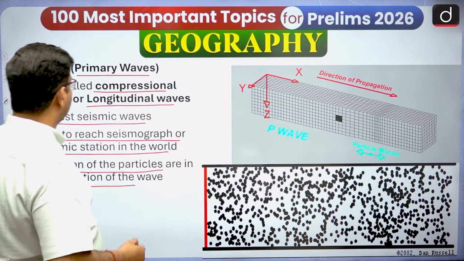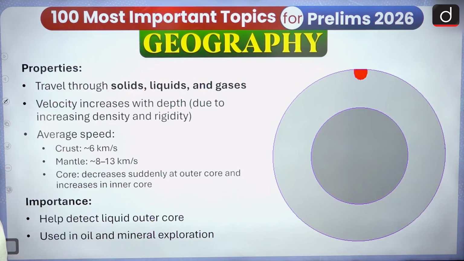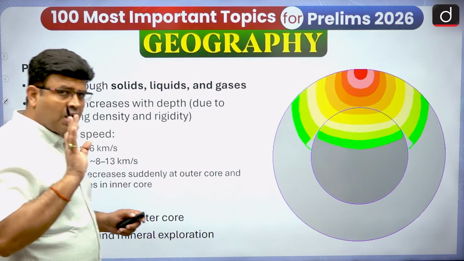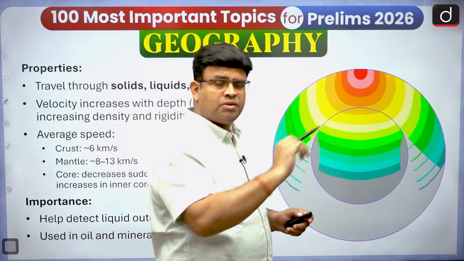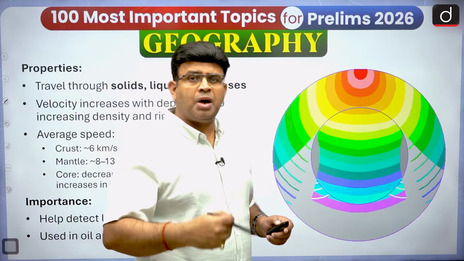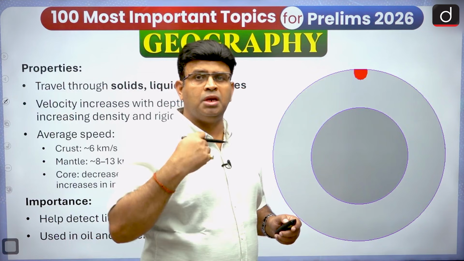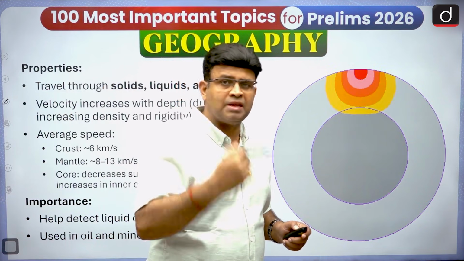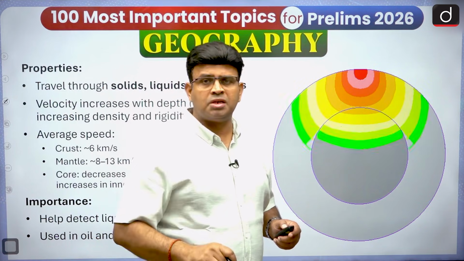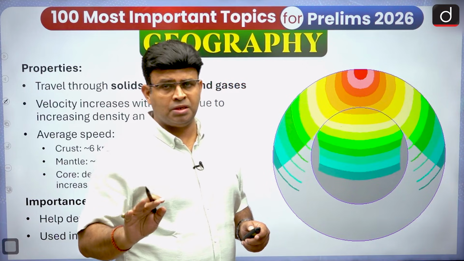So here we have seen something about the P wave and its property. The vibration of the particle is in the direction of the wave, therefore it can pass through solid medium, liquid medium, even gaseous medium. But within the Earth's interior, gas medium does not exist.